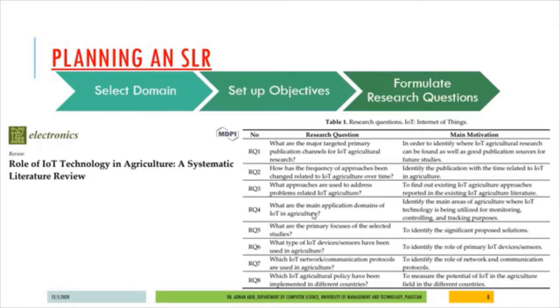Then question number 5 is the primary focus of the selected studies, the types of IoT devices and sensors which are being used in different areas. Obviously this cannot work without the networks or communication.